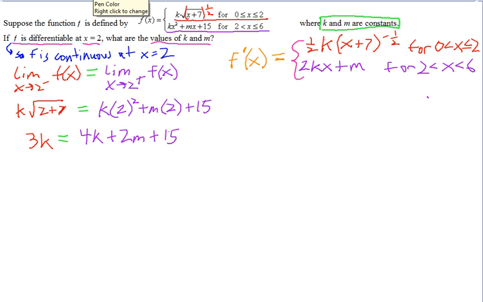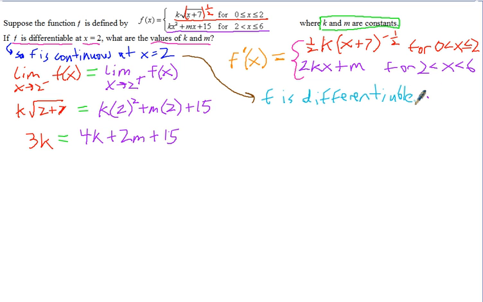Okay, so now let's find the limits of each piece here from the left and right. So we know it's continuous, and we also know f is differentiable. It tells us that at x equals 2.